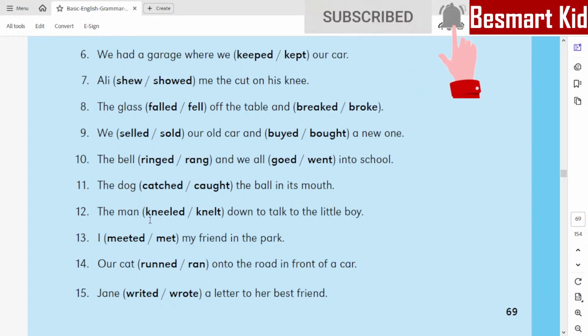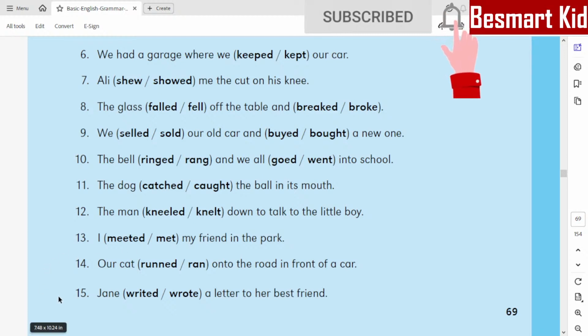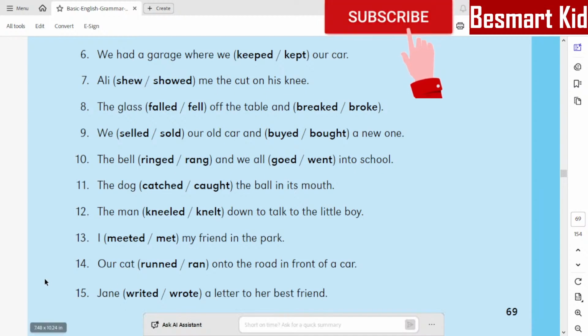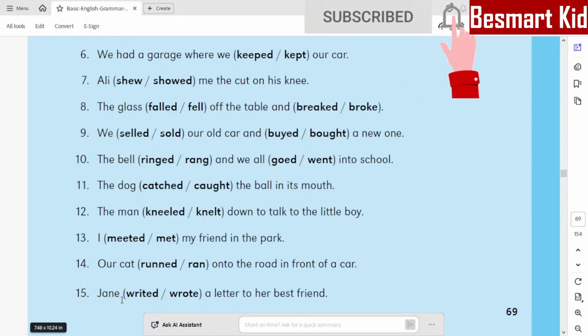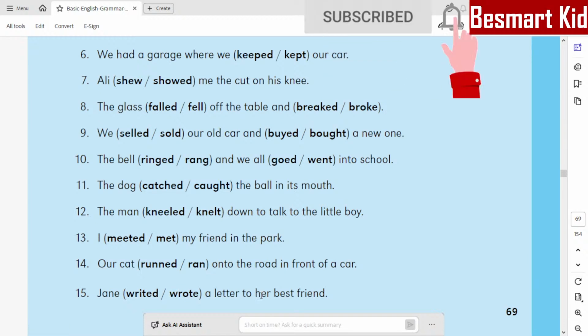Second, the man knelt down to talk to the little boy. 13. I met my friend in the park. Our cat ran onto the road in front of a car. 15th, Jen wrote a letter to her best friend.